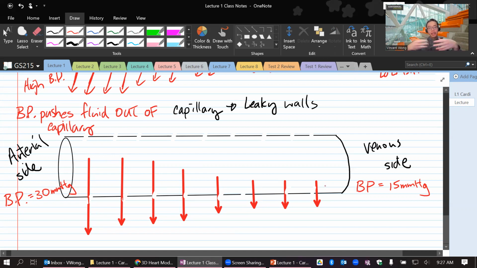We're not going to be leaking blood out of a capillary. That's like hemorrhage. We don't want that. We are just pushing the fluid component of the blood out of the capillaries. So it's mostly water. There might be some dissolved nutrients in it, and these things will be oozing out from your capillary. Any question?